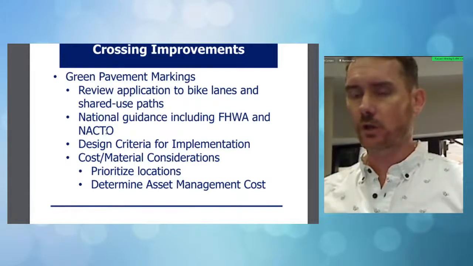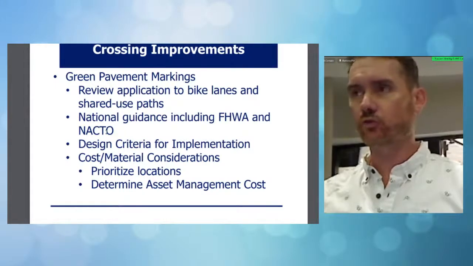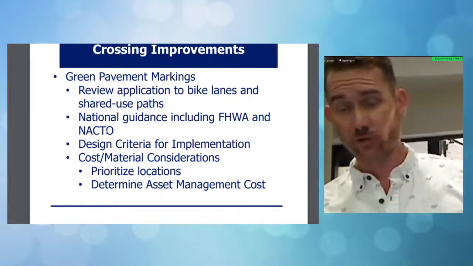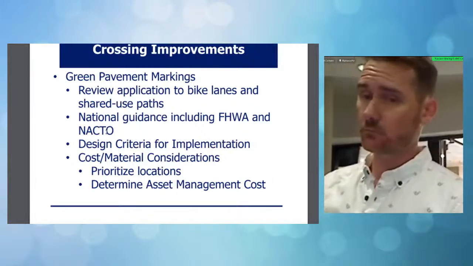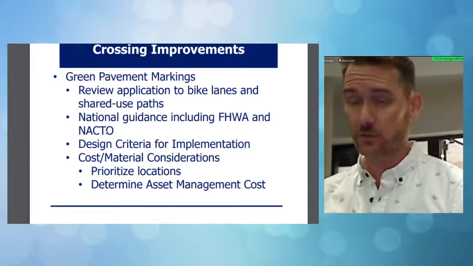And we're going to work with Alta, an engineering and architect company, to help us review criteria published by the FHWA and NACTO, and help us create some design criteria for implementing those in the community.